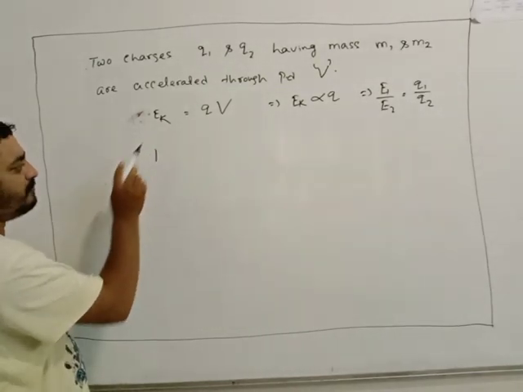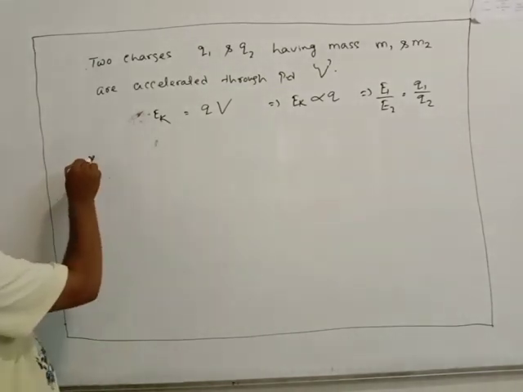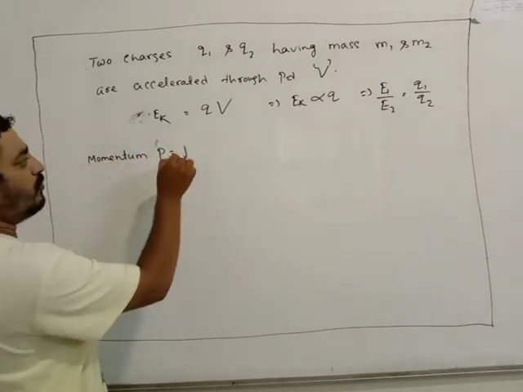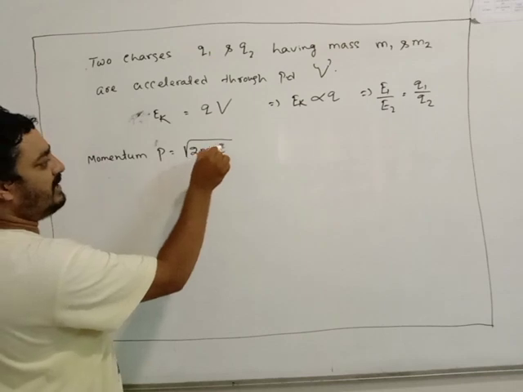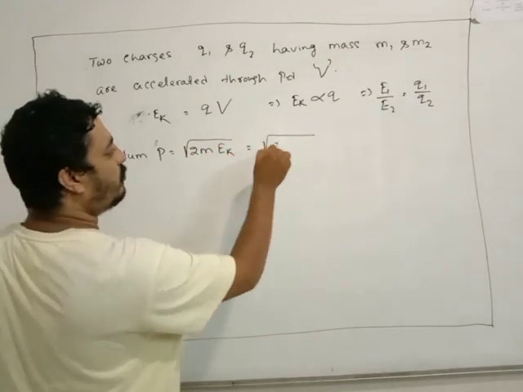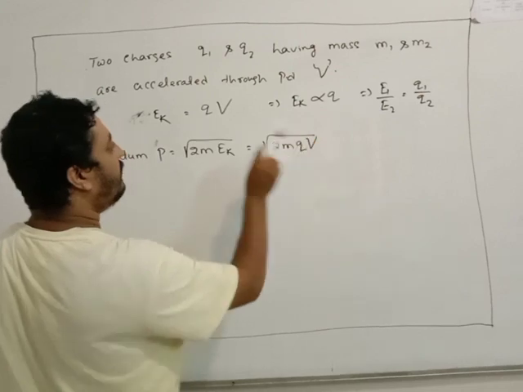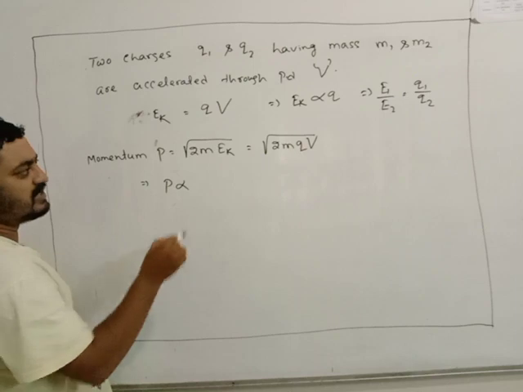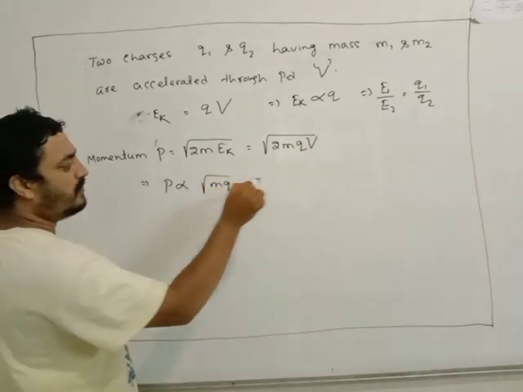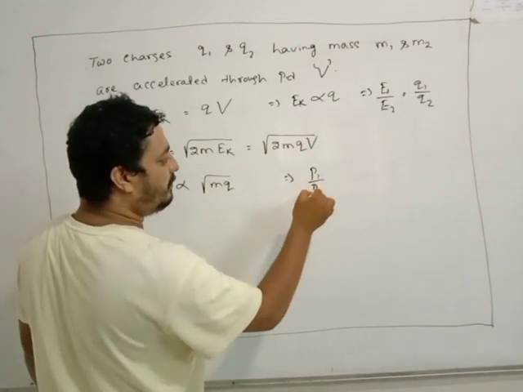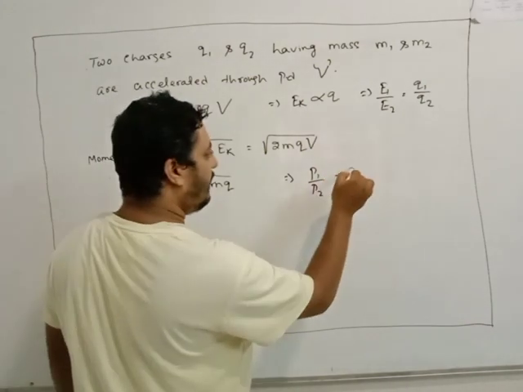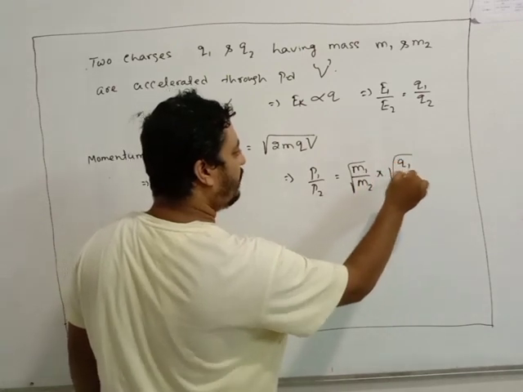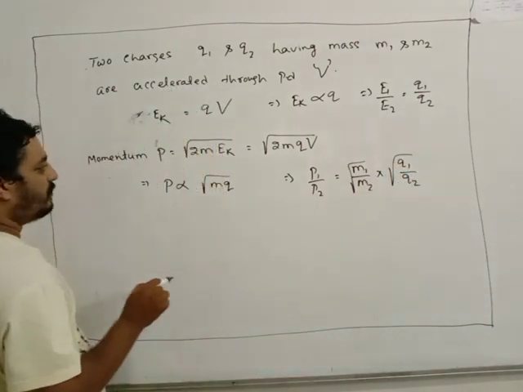Now momentum. P equal to root over of 2m into kinetic energy, that is equal to root over of 2m into QV, because kinetic energy is QV. So P is proportional to root over of mq. So the ratio of momentum will be P1 by P2 equal to square root of m1 by m2 into square root of q1 by q2.